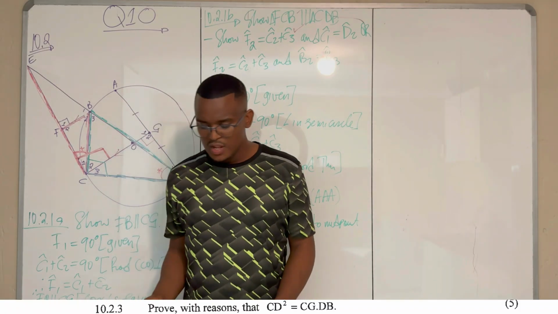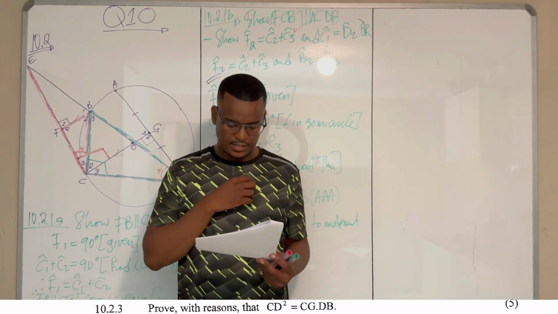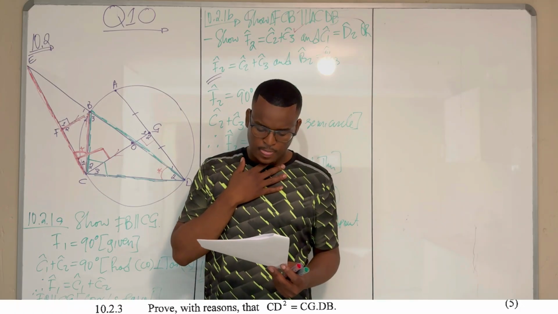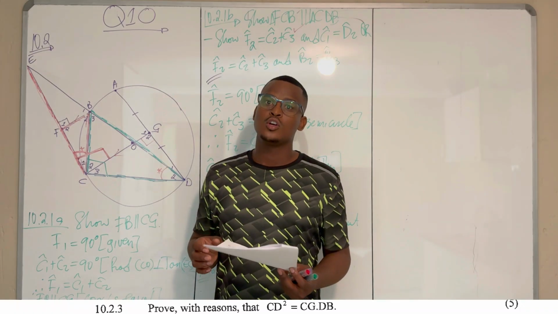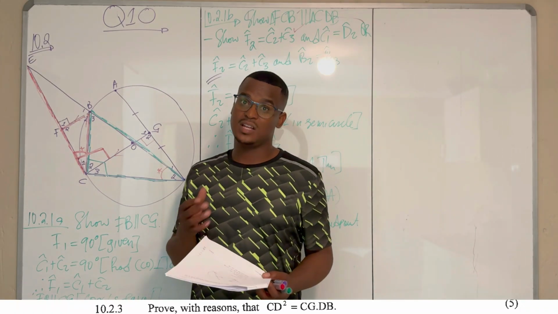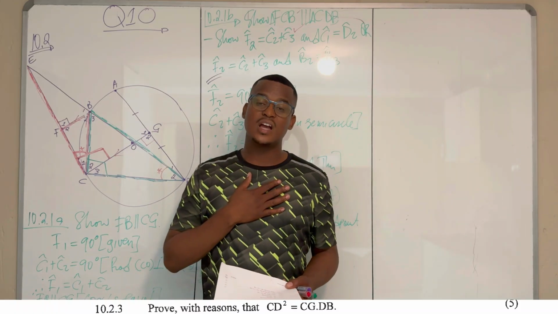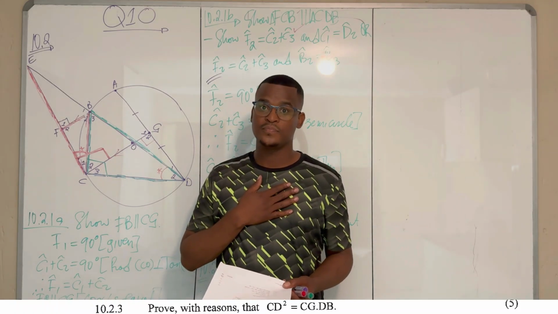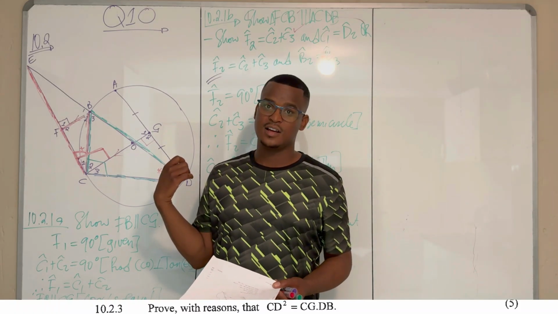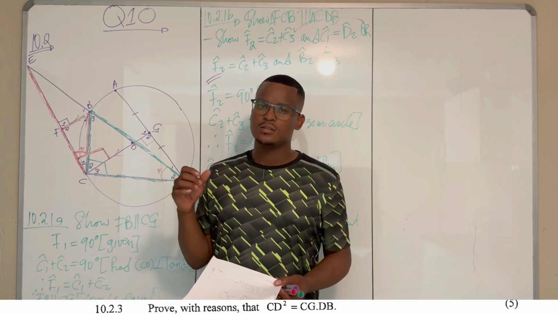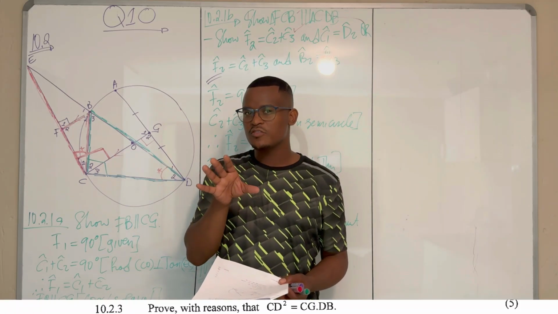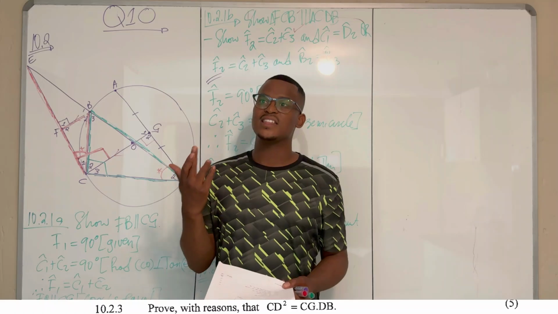In my experience with this topic of similarity, one of the ways, and in my opinion the easier way, to prove the Pythagoras theorem is to use similarity. We use similarity of triangles to prove the Pythagoras theorem.